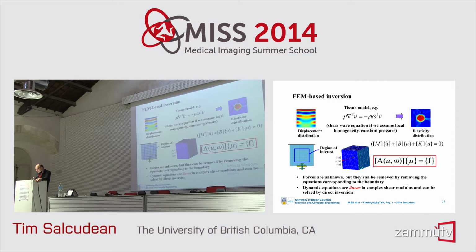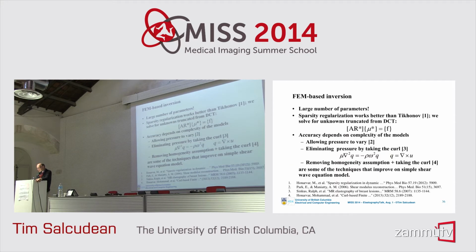And because of linearity, we can solve this with some regularizing term. Problems are as follows. We have a very large number of parameters, okay? We suffer here from the same curse of dimensionality that people have when they move to this type of problem.